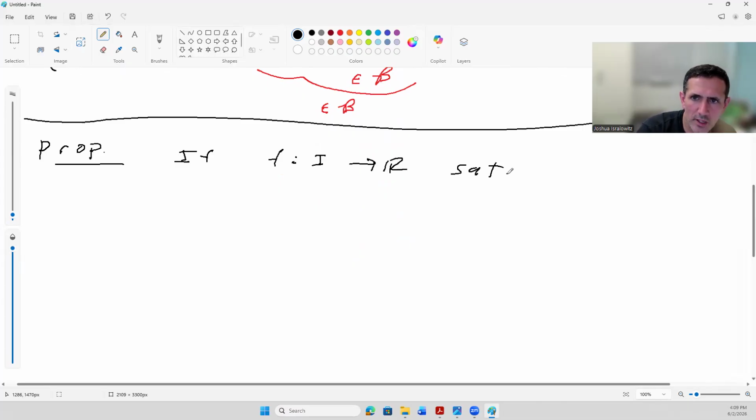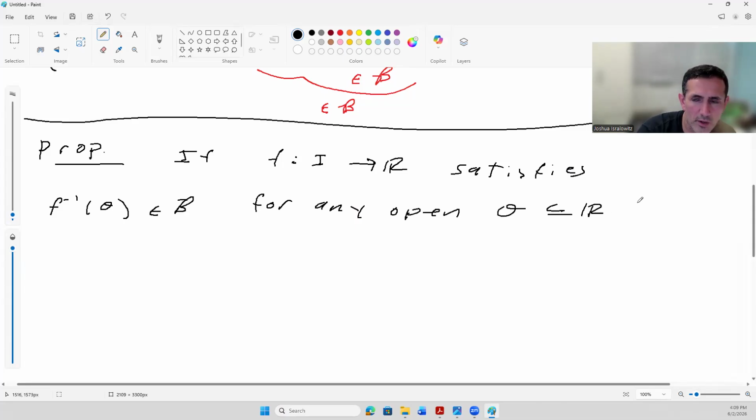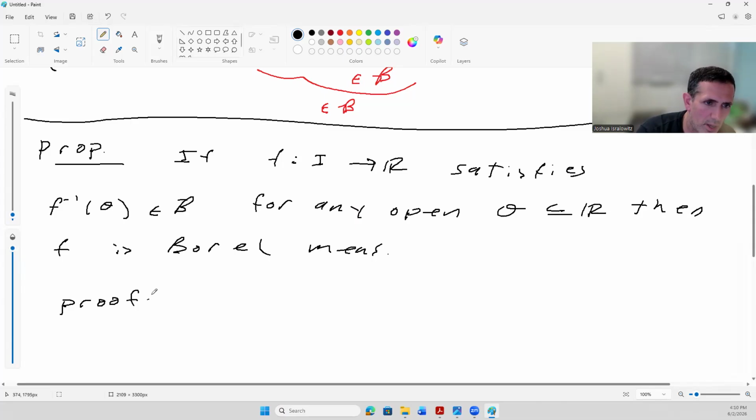So F satisfies: the inverse image of every open set theta is Borel if and only if F is Borel measurable.